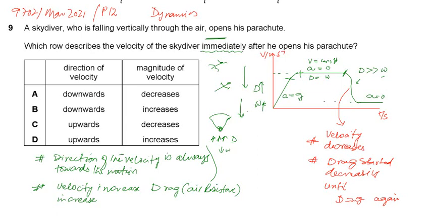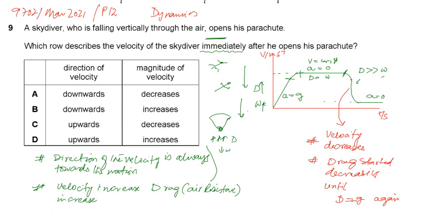So what happened? As soon as he opens his parachute, the drag force increases within a few seconds and becomes very much greater than the weight. Then the velocity starts decreasing, and the drag also decreases until it equals the weight again.